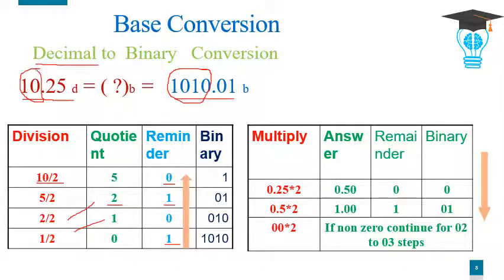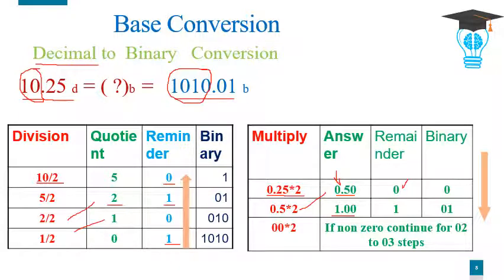Now I should see what is the equivalent of 0.25 decimal. For finding the answer for 0.25 decimal, I should multiply it by 2 and I will get 0.5. There is no remainder, so I will get it as 0. Again this 0.5 I will multiply by 2.